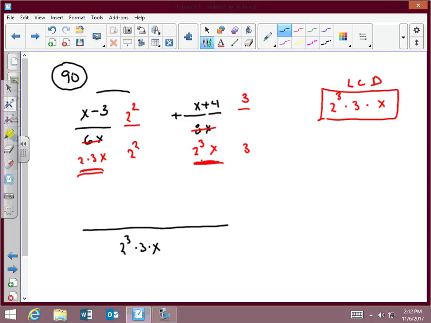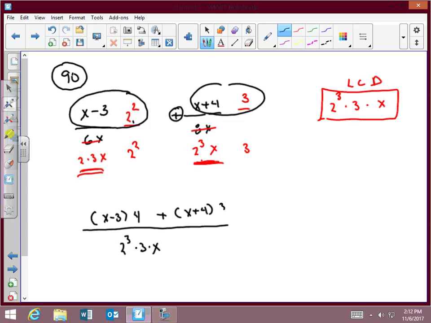Now then you expand this. Eventually you should be able to say that's 4 times x minus 3 and distribute it, 4x minus 12. But I'll just do it this way. X minus 3. I'll expand the 2 squared into 4. Is that good enough? Is that too much to do at once? Bring the plus sign down, and then this next thing is x plus 4 times 3.